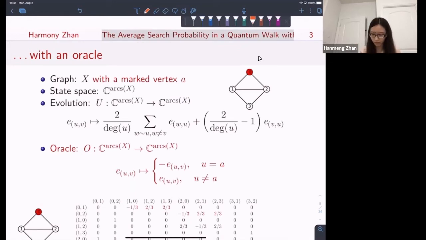So a marked vertex is really just a special vertex, and you can put anything on it. Let's say you mark it red, and in reality, you don't know where this vertex is. But you have an oracle that tells you yes if you have found it, and no otherwise. So the goal is to apply as few oracles as possible to somehow work towards this vertex.